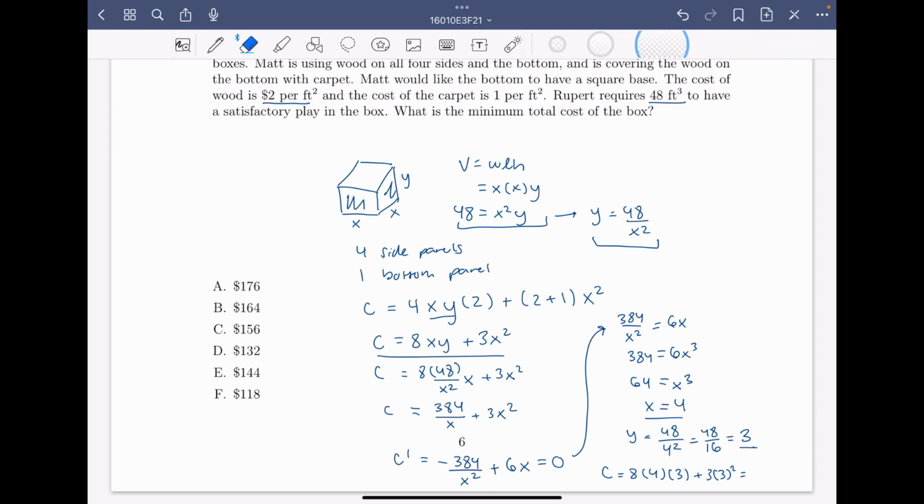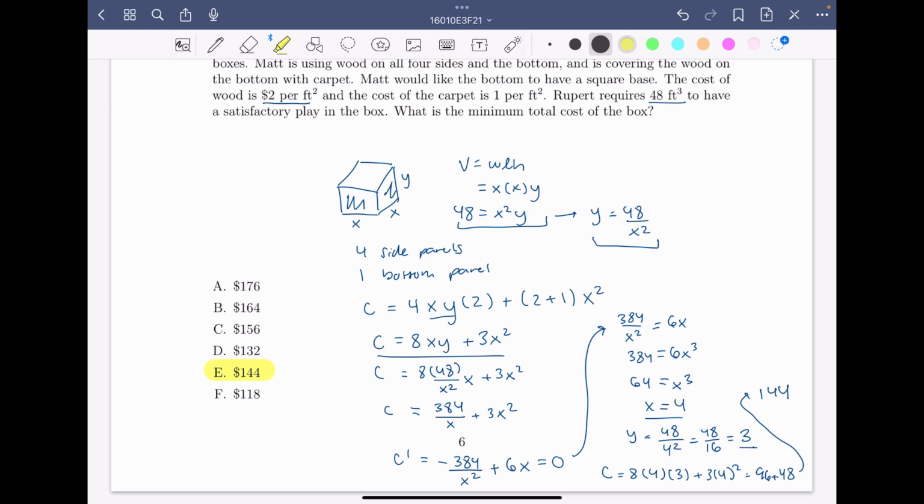Let me fix that real fast. We have 4 squared, so that second part is 3 times 4 squared. 3 times 16 is 48. So 96 plus 48, and we're running out of space. 96 plus 48 equals 144, or an answer of E.